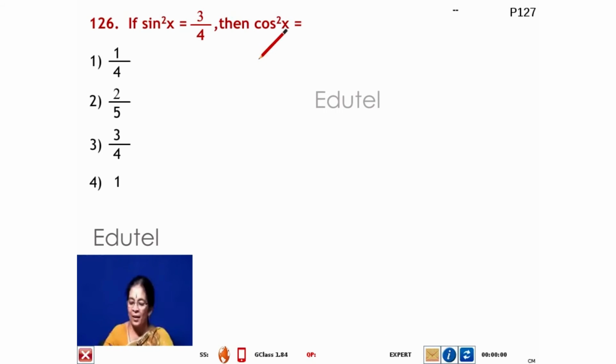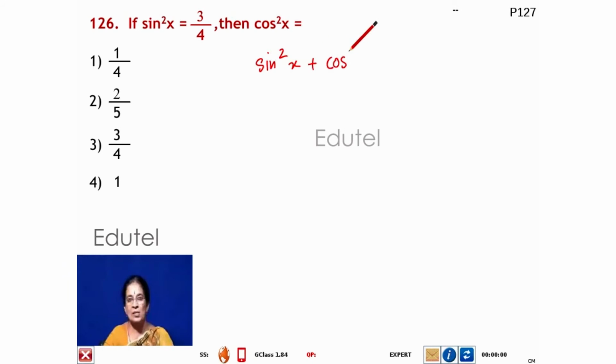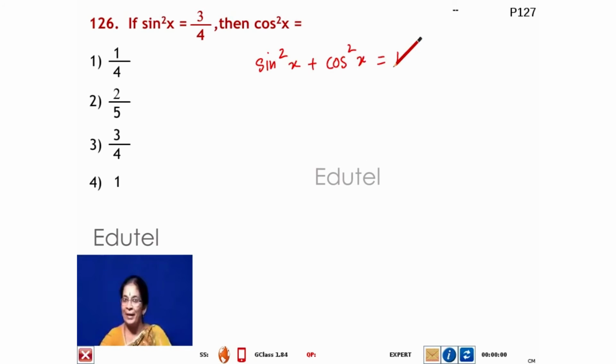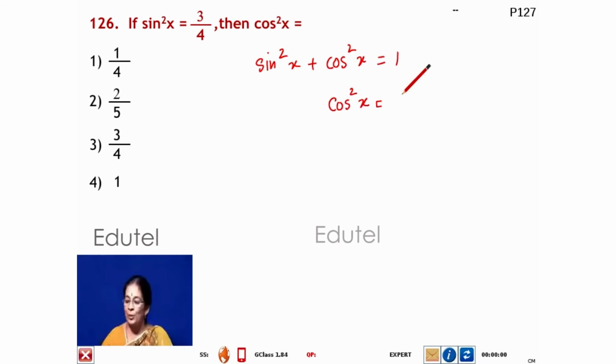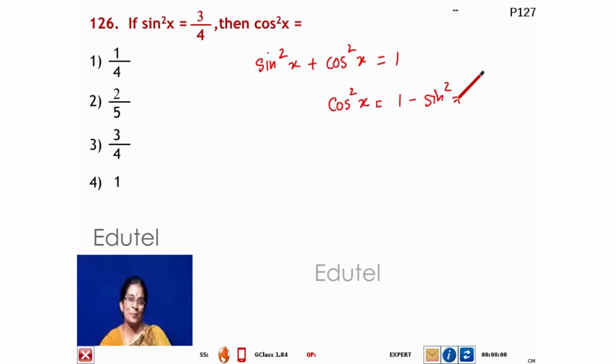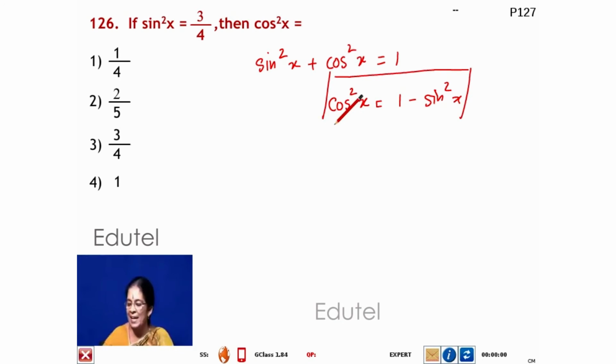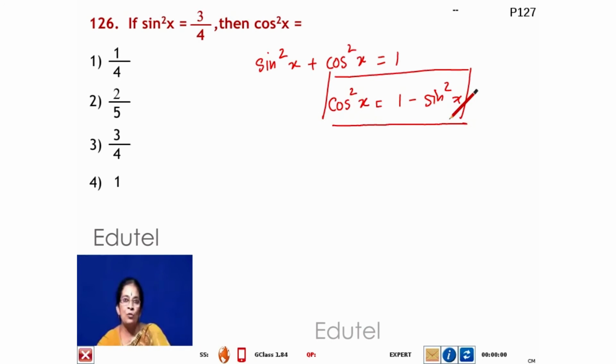You know that sine square x plus cos square x is 1. This is the trigonometric identity. Because you have to find cos square x, you can write it as 1 minus sine square x.